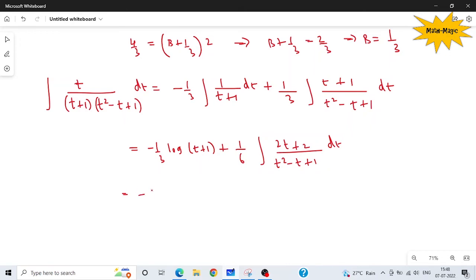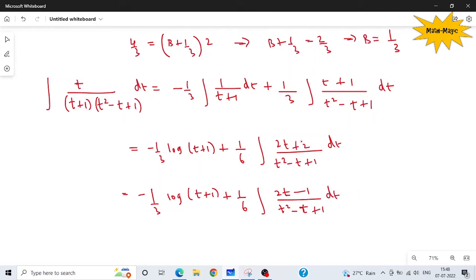So we are going to get minus 1 by 3 log of t plus 1 plus 1 by 6, then the integration of, what we require is 2t minus 1, so we write it as (2t minus 1) upon t square minus t plus 1 dt.